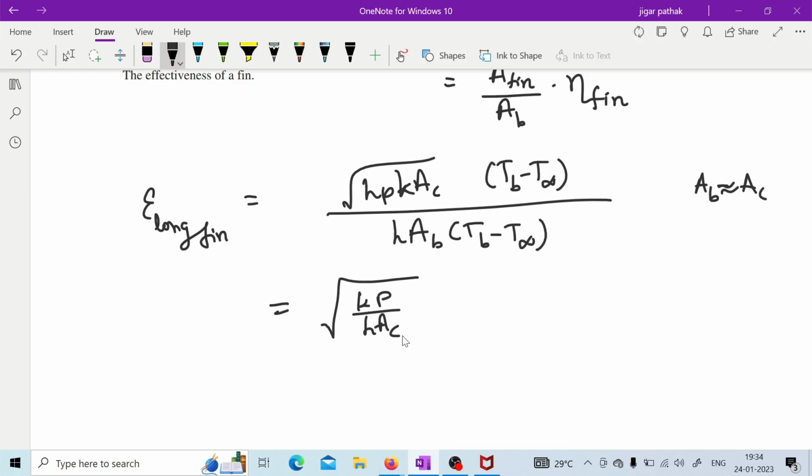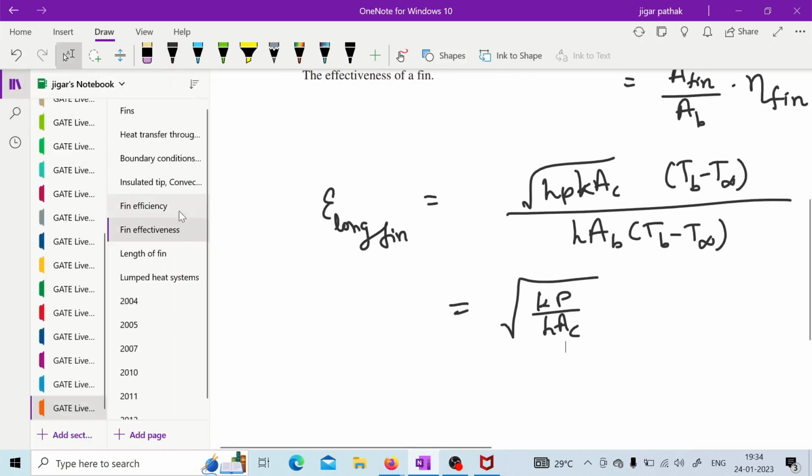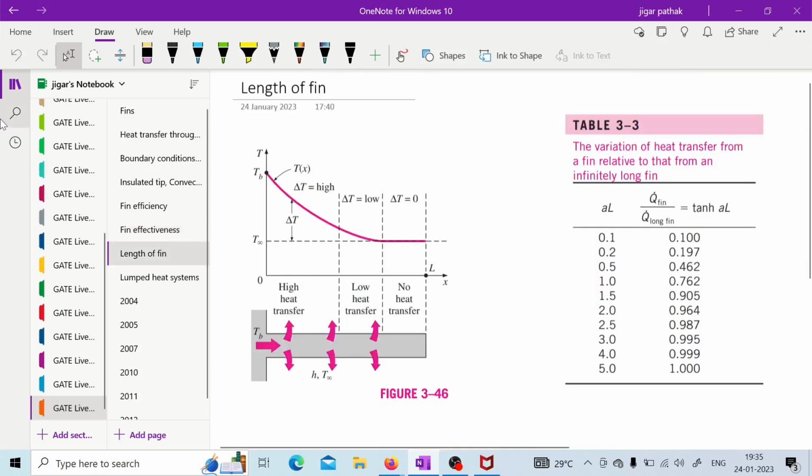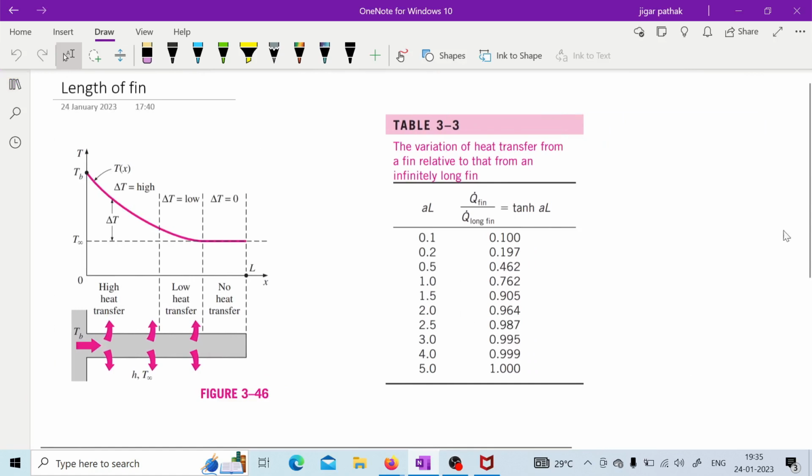So these are some of the important things related to the fin: temperature distribution in fin, heat transfer rate in fin, effectiveness of fin, and efficiency of fin. Now one more important thing is that the length of the fin needs to be defined. After a certain point there is no heat transfer through the fin.